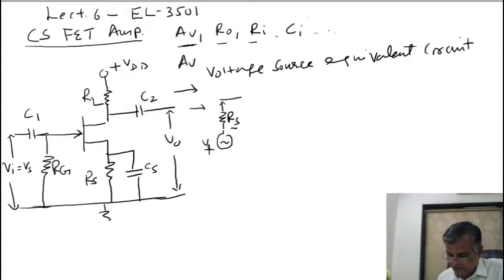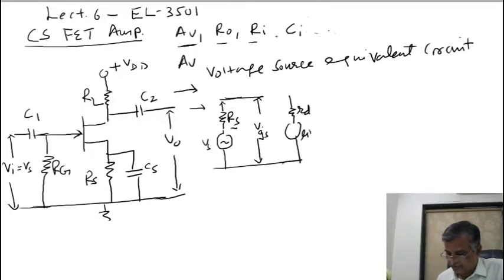This is the input signal, this is your input VGS, this is RD, mu VGS, RL, and VO.